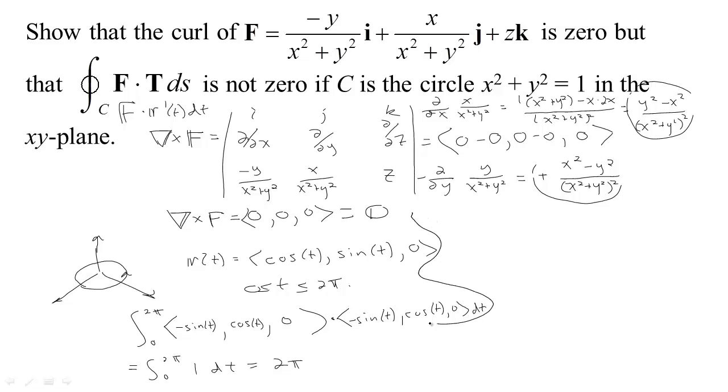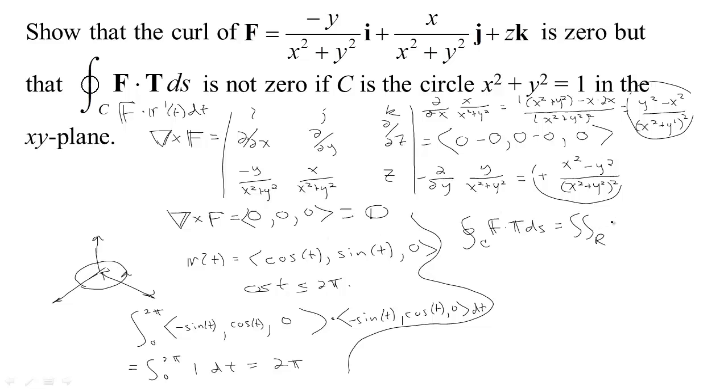See, the issue is Stokes' theorem says if I integrate around some curve F dot T ds, so I found the circulation around the curve, that ought to be equal to the integral around the interior of that region, right, or the surface that this is the boundary curve for.